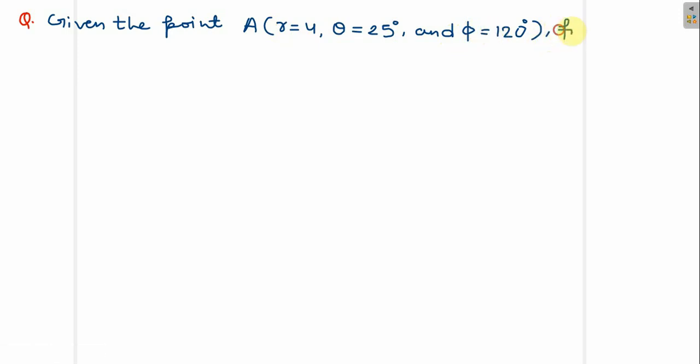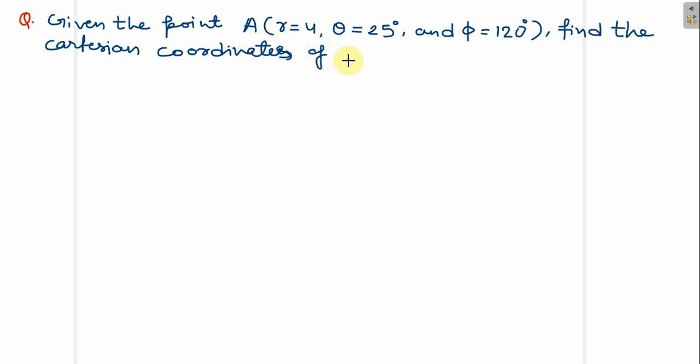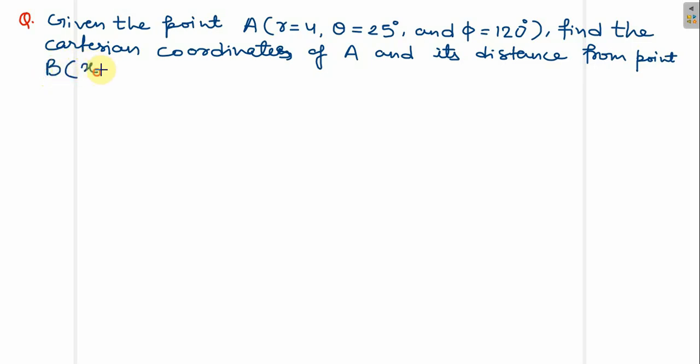Then further, find the Cartesian coordinates of A and its distance from another point, that is B. The coordinates of point B are given in Cartesian coordinates, that is the x, y and z values are given.